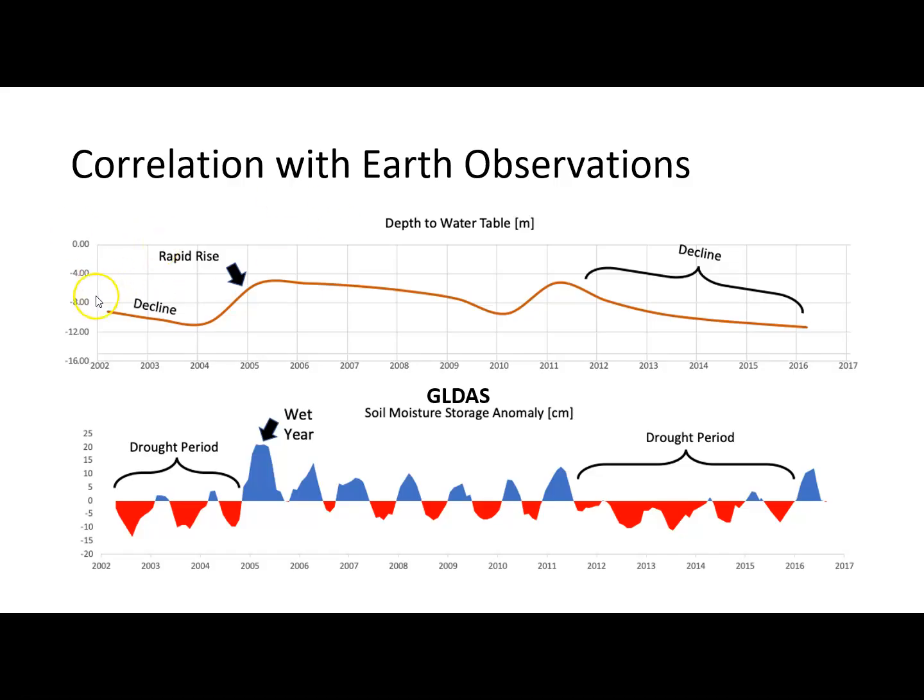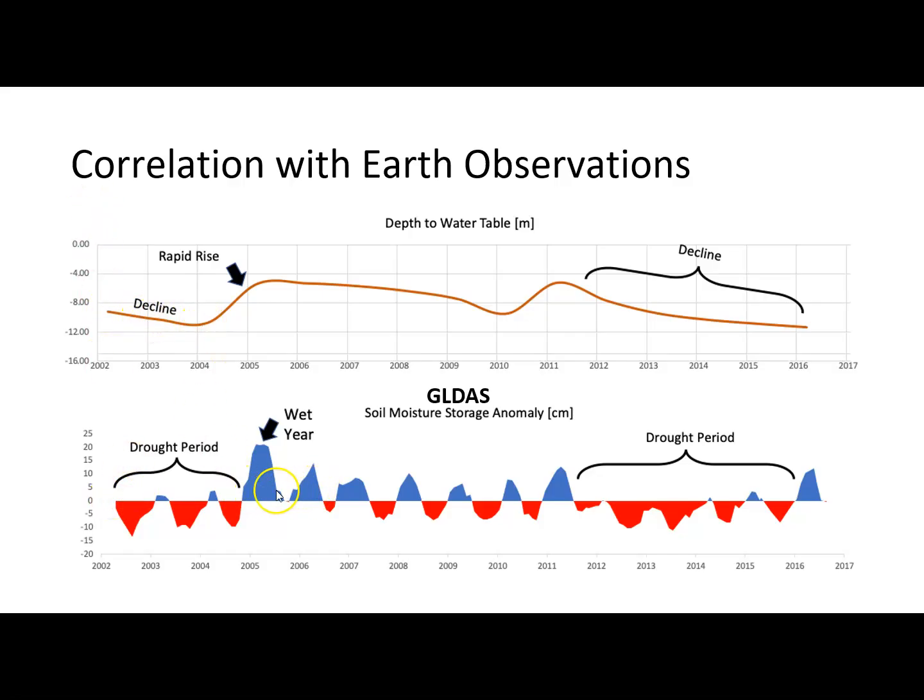And if you look, the periods in red are when it's dry, below normal soil moisture, and where it's blue, it's above normal. So we have a drought period here, which led to a decline.